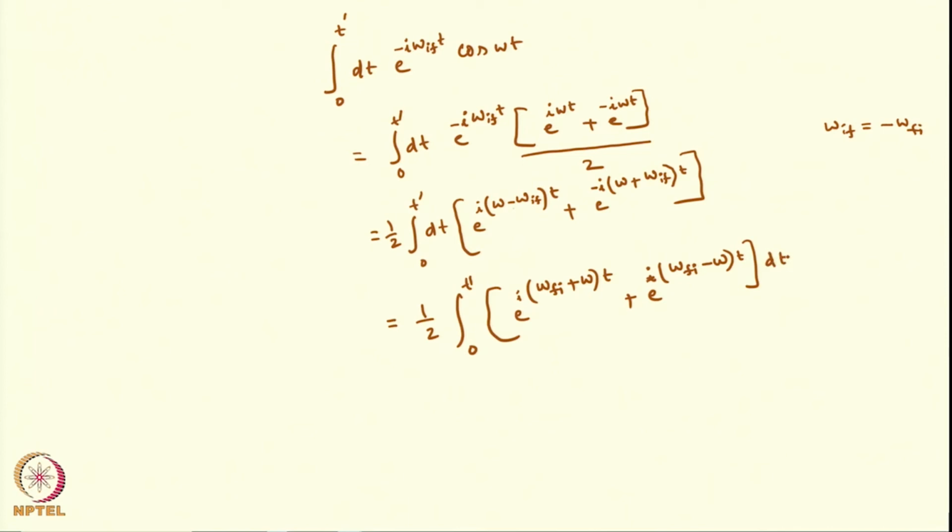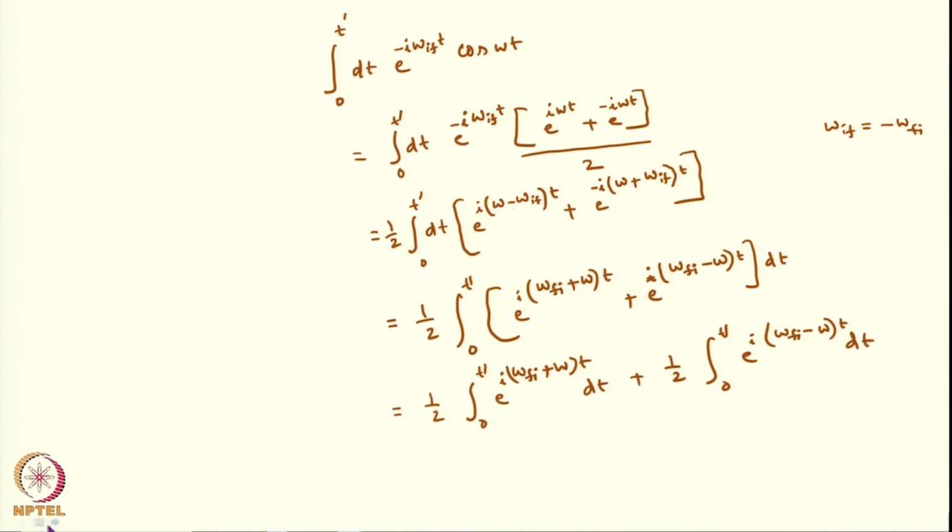Okay. So, I have these 2 equations now. Which means I have this equal to, you will get 2 integrals: integral 0 to t prime e to the power of i (omega fi plus omega) t dt, plus half integral 0 to t prime e to the power of i (omega fi minus omega) t dt.